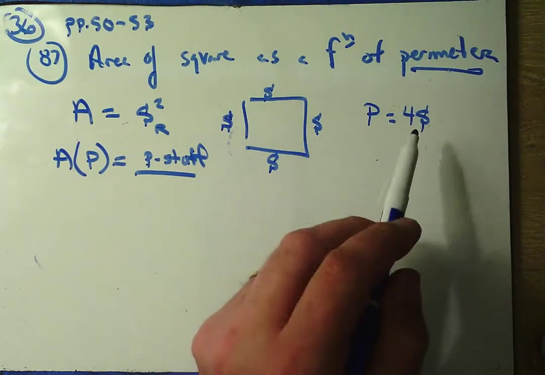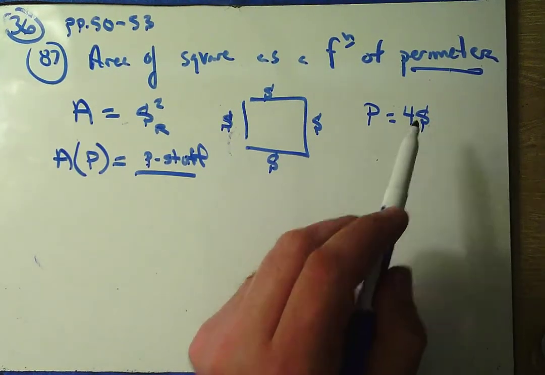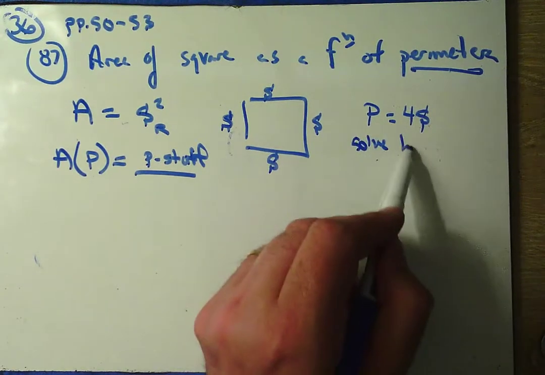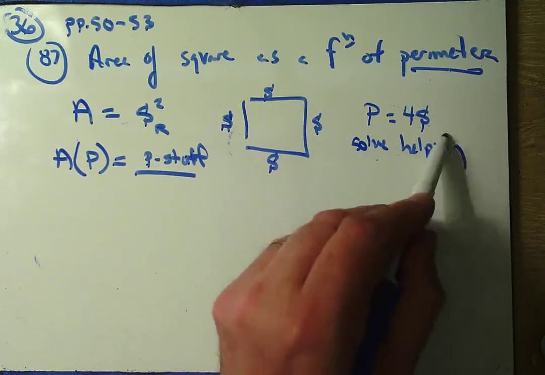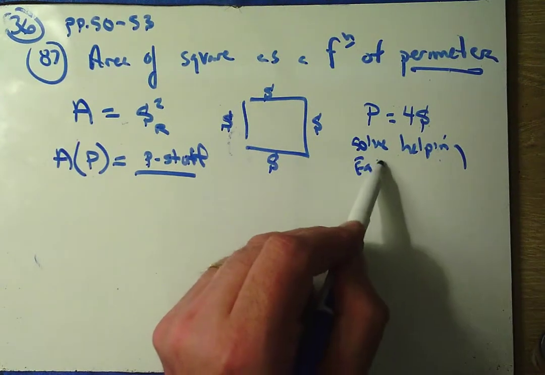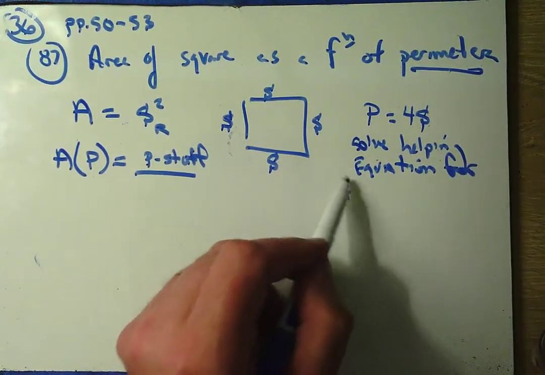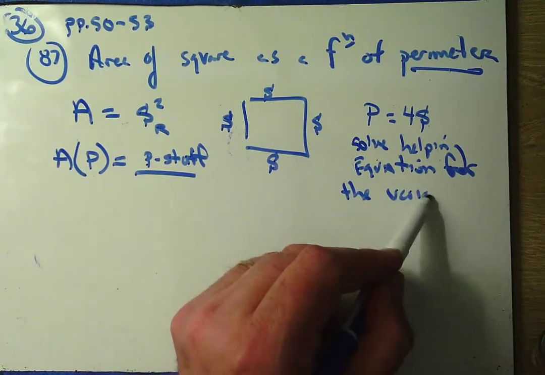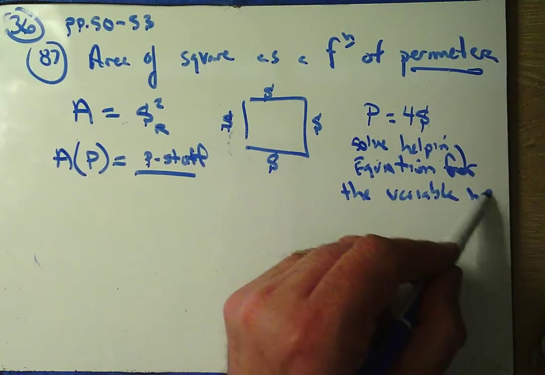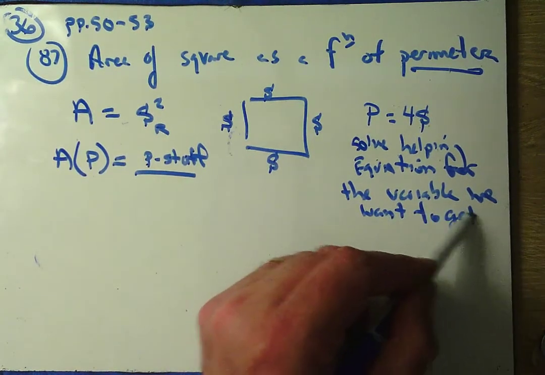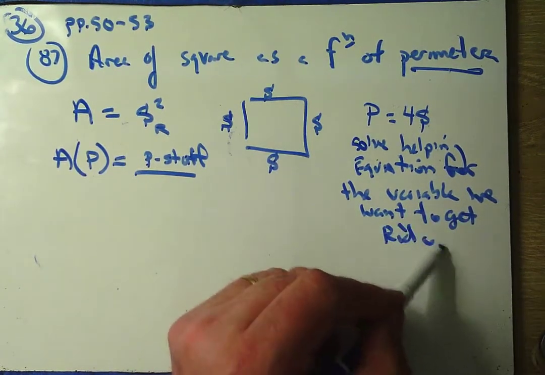So what we said in class was we're going to solve the helping equation for the variable we want to get rid of.